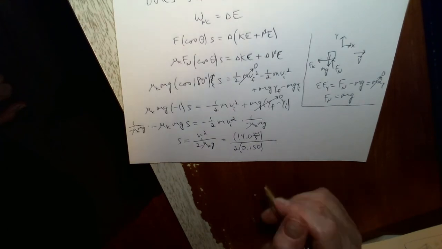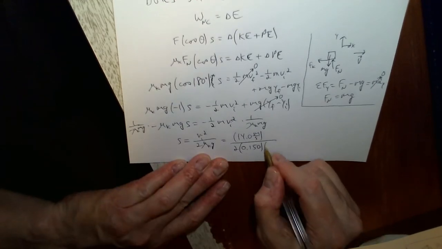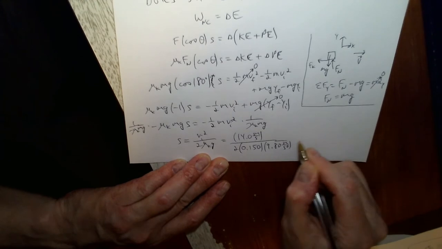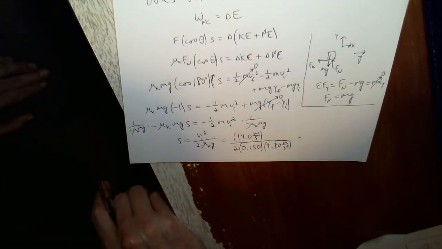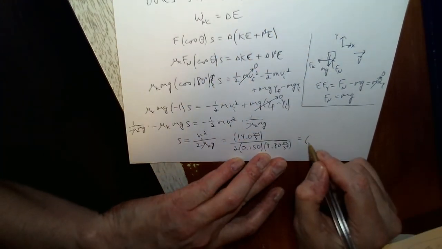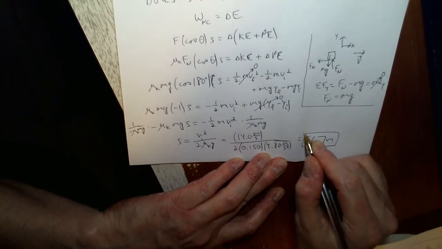And so force over force, newtons over newtons, units go away. And this is 9.8 meters per second squared for g. And if you plug that into your calculator, you come up with 66.7 meters. It's how far she's going, so it's a distance, so it's meters.